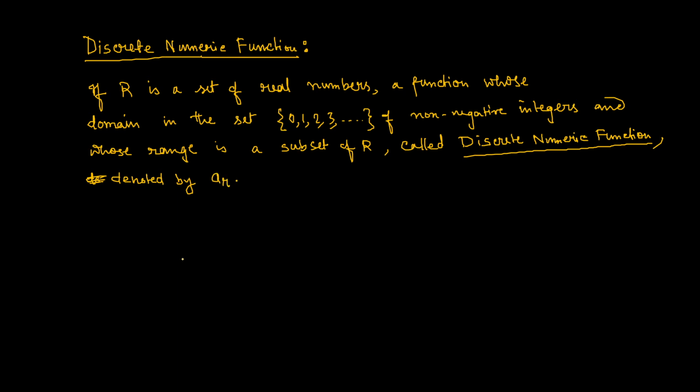Okay, so what is given is that if R is a set of real numbers, a function whose domain is a set of 0, 1, 2, 3 of non-negative integers and whose range is a subset of R is called a discrete numeric function. That means it's a function which maps one domain to another domain. And how can we visualize it?